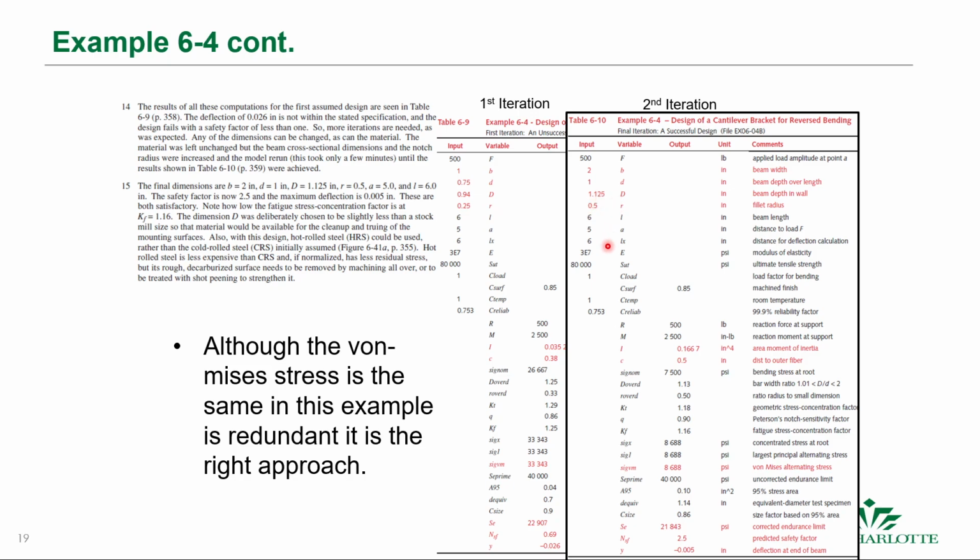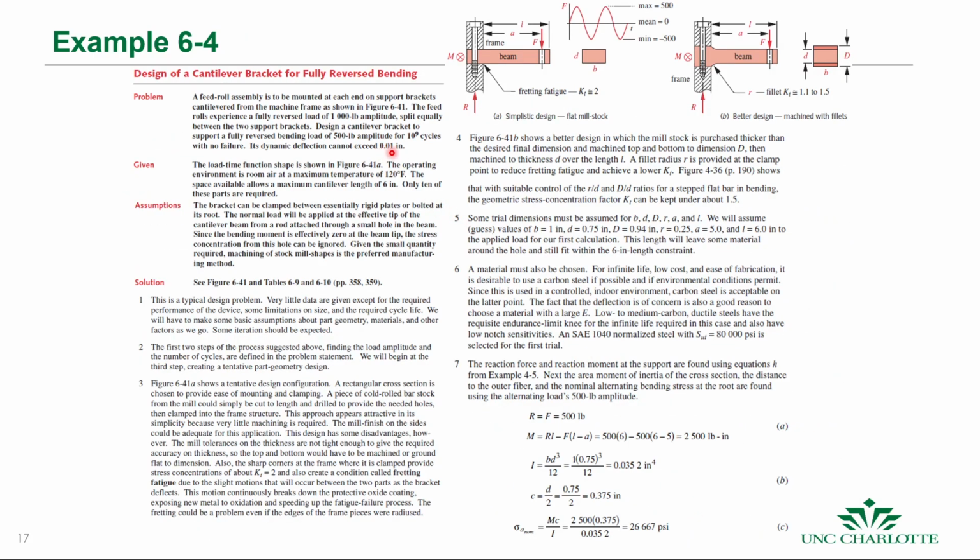If you go all the way down here, the corrected endurance limit is almost the same, but because we have more material, we have less stress, and the safety factor jumps up to 2.5, and the deflection jumps down to 0.005, which is 5 thousandths, which is below the required 10 thousandths that we saw here.